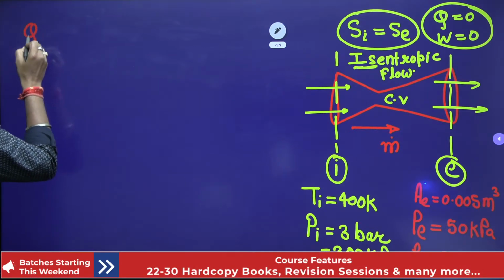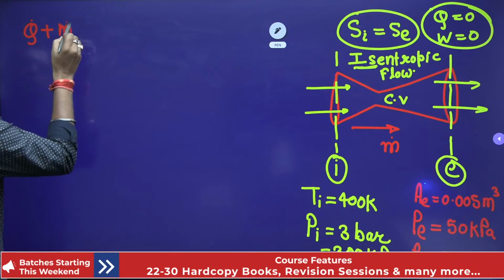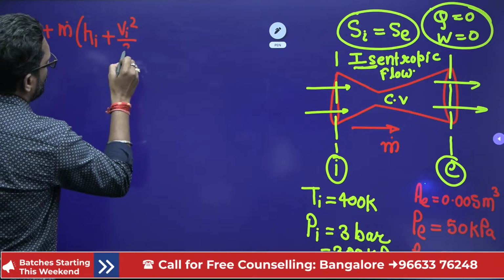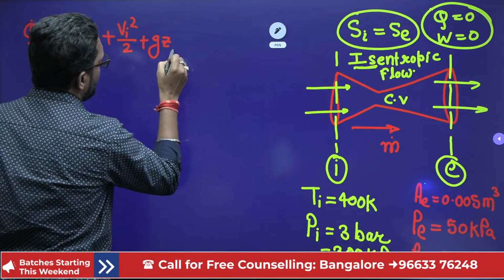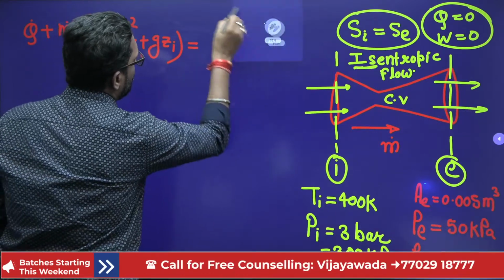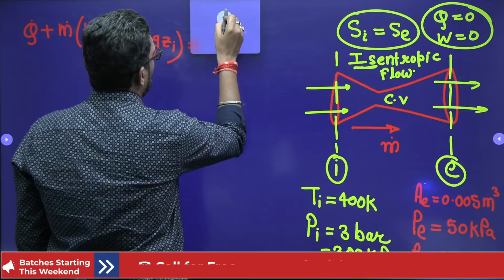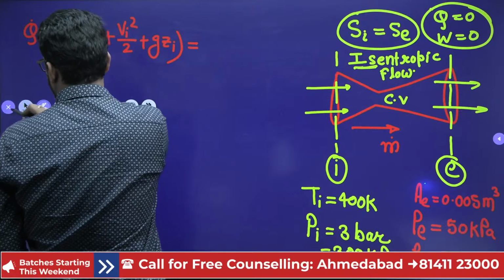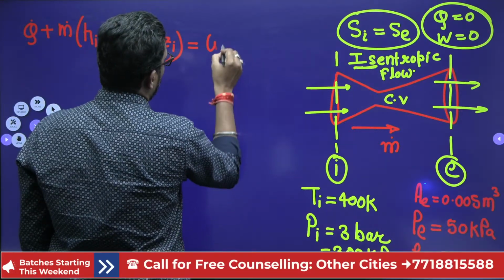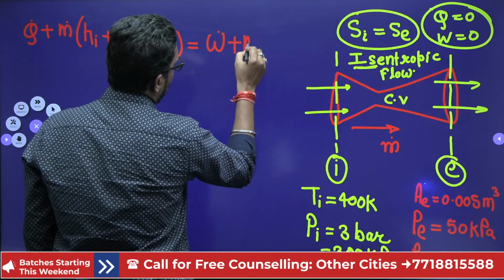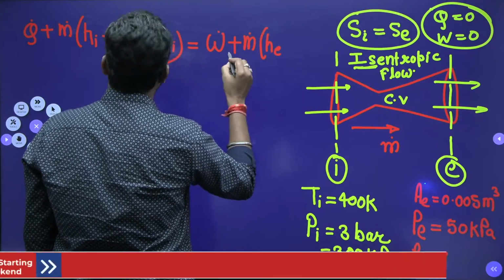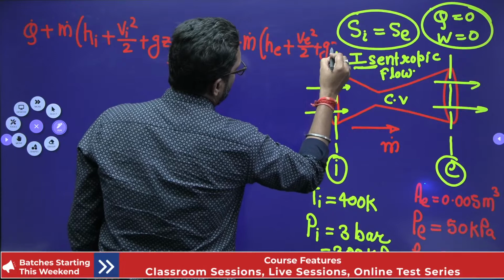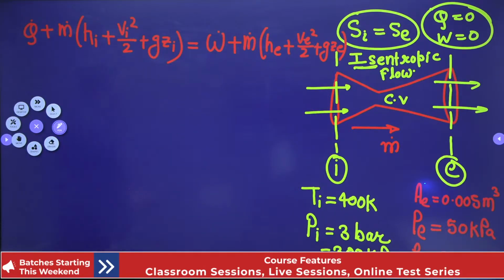That is Q dot plus m dot times (hi plus vi square by 2 plus g zi) is equal to W dot plus m dot times (he plus ve square by 2 plus g ze).